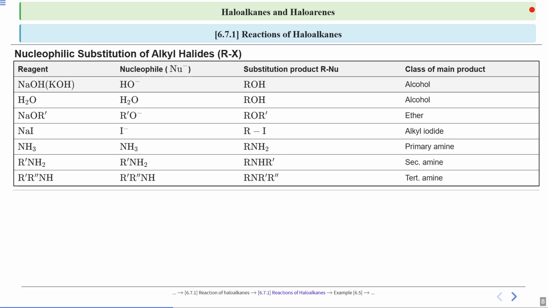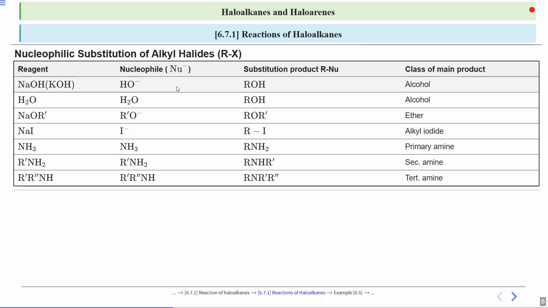If you take the reagent sodium hydroxide or potassium hydroxide, you get the nucleophile OH minus, the hydroxide ion, and after reaction with the alkyl group you get the substitution product ROH, that is an alcohol. So the main product class is alcohol. Similarly, for the water molecule, we get alcohol as the main product.